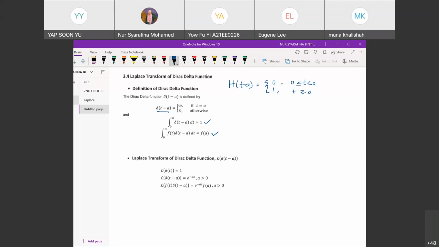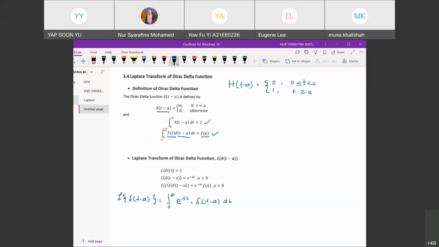Now you want to transform delta(t minus a). Of course, in proving, you always have to use the definition where you integrate from 0 to infinity exponent negative st times delta(t minus a) with respect to t. As you can see, integrating a function times delta(t minus a) from 0 to infinity will give you f(a).